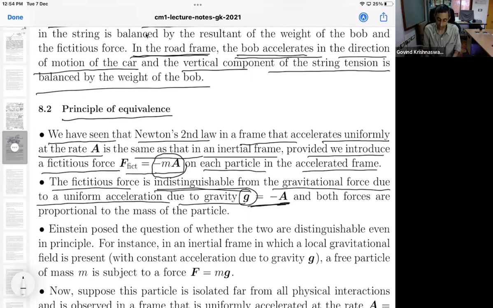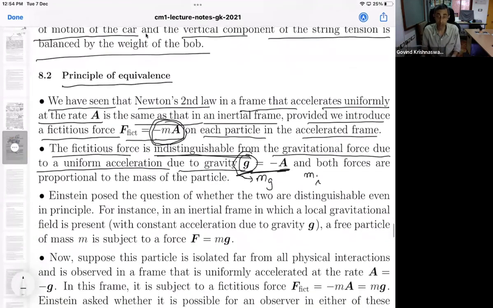When I say it's indistinguishable, it is provided you suppose that the gravitational mass that appears in the force due to gravity and the inertial mass that appears in Newton's law are assumed to be the same. That assumption is going in, and we will comment about that. That is part of the principle of equivalence. I have not stated it explicitly here. I should have. So both forces are proportional to the respective masses of the particle.